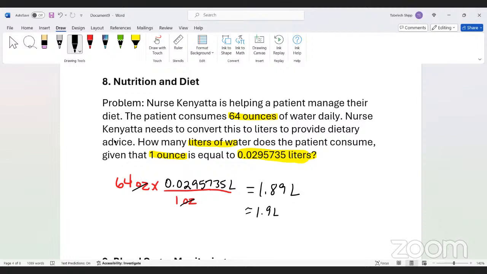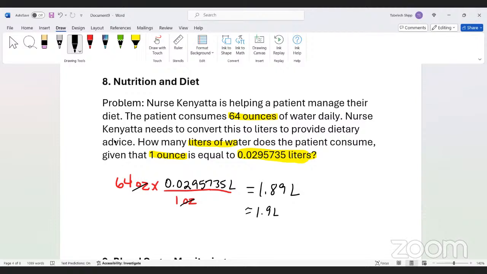If you know how many gallons are in a liter, that helps. The reason I know this number is because I'm trying to drink a gallon of water a day. So I know that a gallon is equal to 3.79 liters. Okay, you see that?